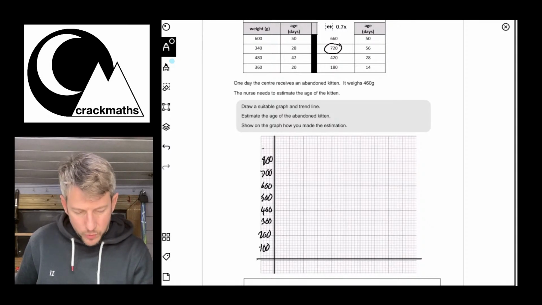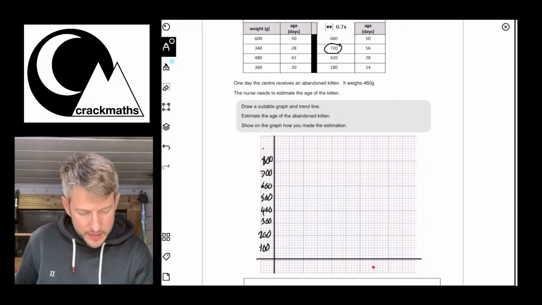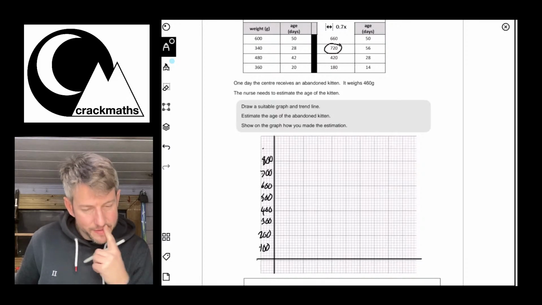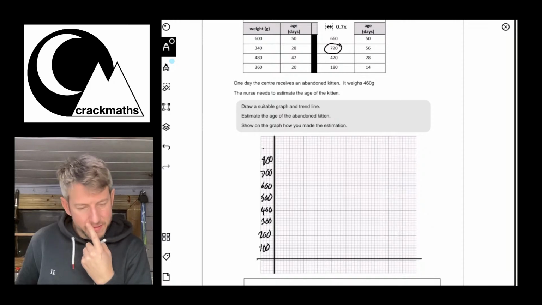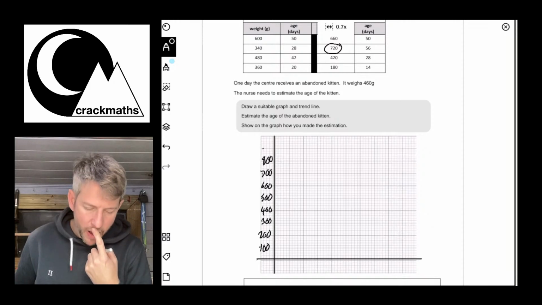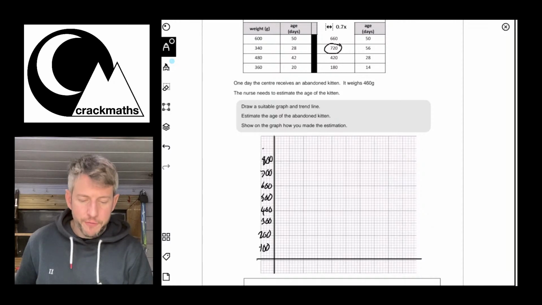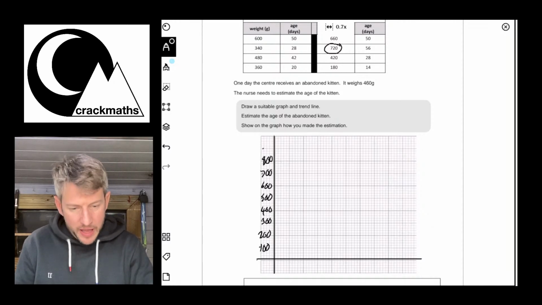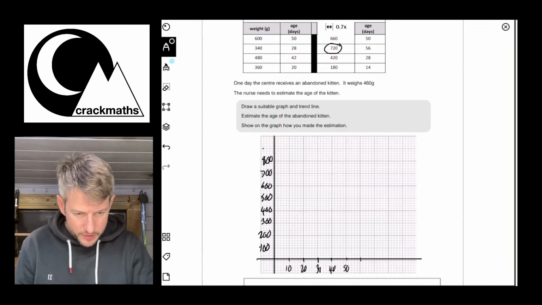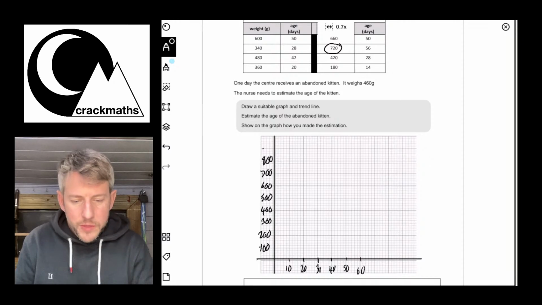We have 10 squares, so we don't have enough. I'm going to make each one 10: 10, 20, 30, 40, 50, 60. Now I'm just going to plot these points.